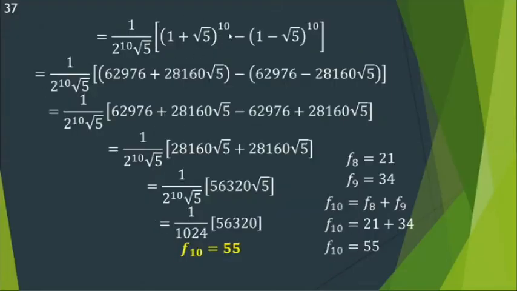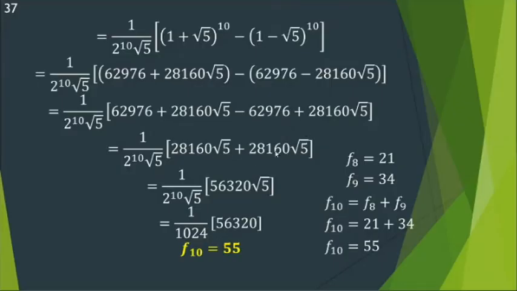In-expand natin ito. So, we have this expression. Then, removing the groupings. Okay. So, we have minus 62,976. Then, magiging addition nito. We can cancel yung positive and negative 62,976.